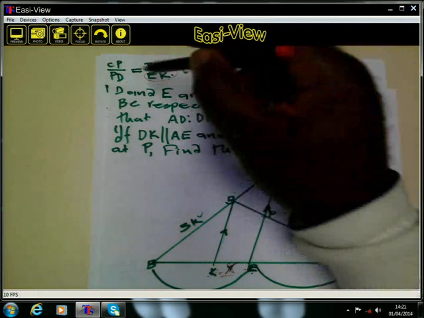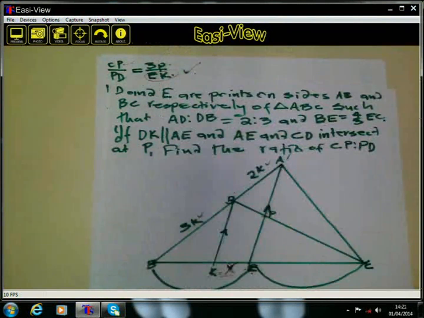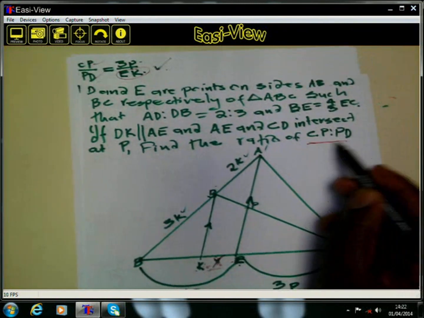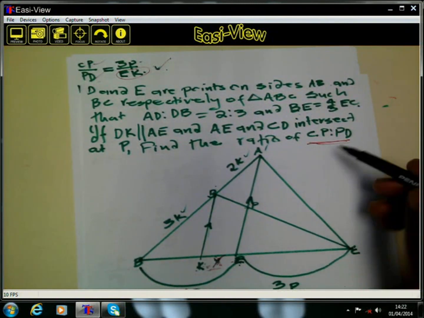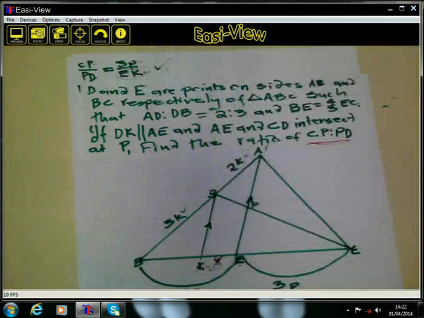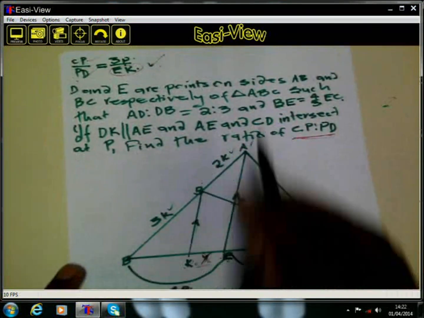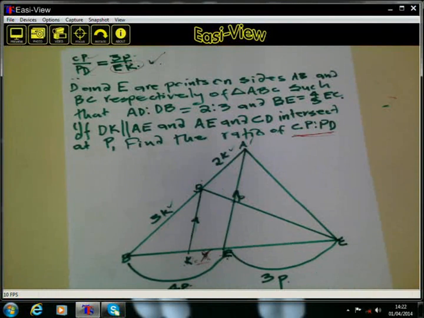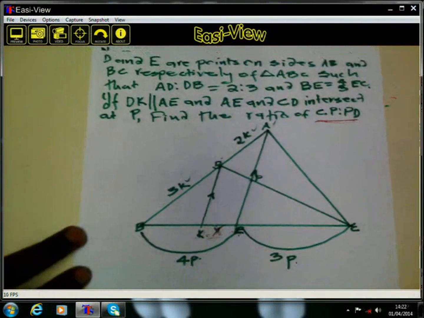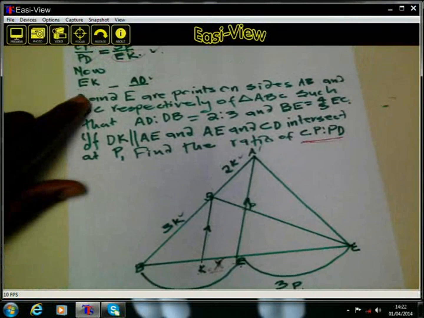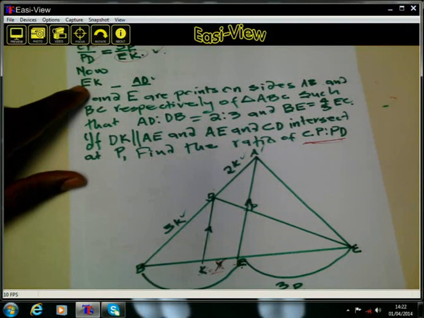We have quite a number of unknowns. Remember, the purpose of this is to determine this ratio. But since we now have many unknowns, we can always go to the second triangle and look at what's happening in triangle ABE. In triangle ABE, how do we define EK?